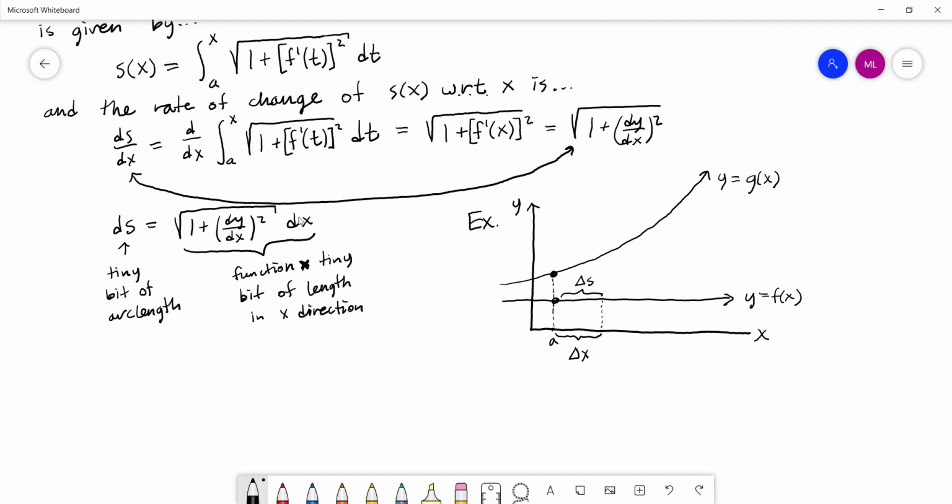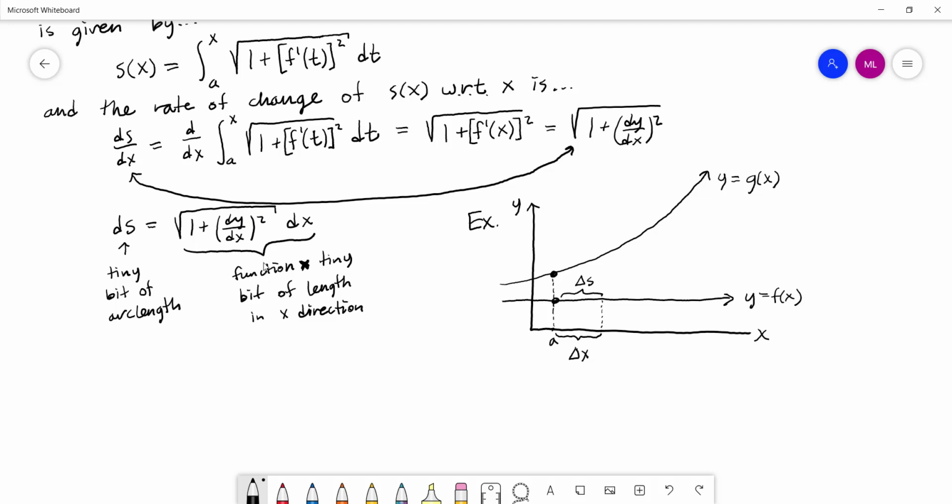If I change dx by 1, this will also change by 1, because what is the slope of this curve? It's totally flat, horizontal. The slope is 0. So if I plug in 0 for the slope, I get the square root of 1 plus 0 squared, which is just the square root of 1, a factor of 1.